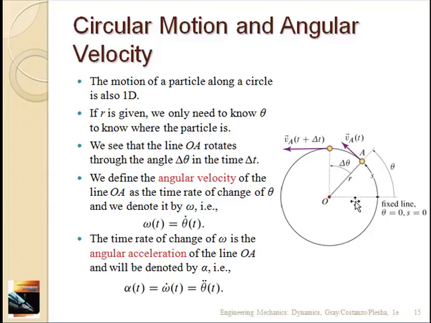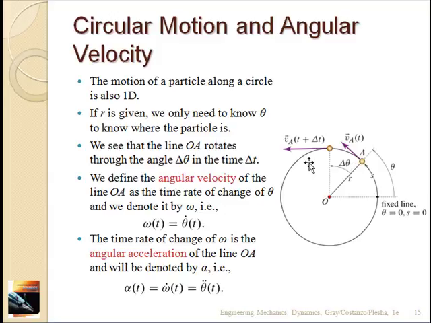Now let's say we have some origin O, and we have a particle that's just moving in a circle around that. You can think of this as a satellite orbiting the Earth, which is a circular motion, or other situations, a ball on a string that's being spun around, that sort of thing. Okay, so r is our position vector.